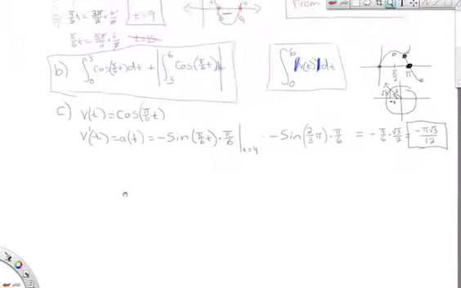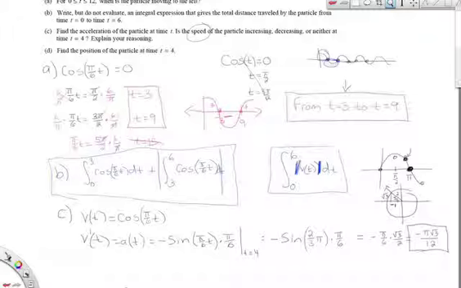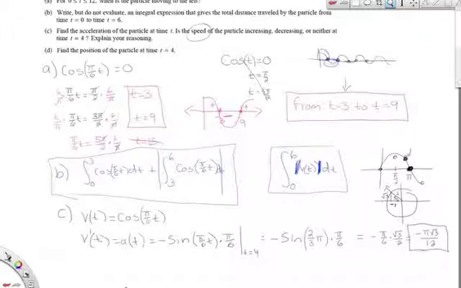So what was the specific question here? Is the speed of the particle increasing or decreasing?